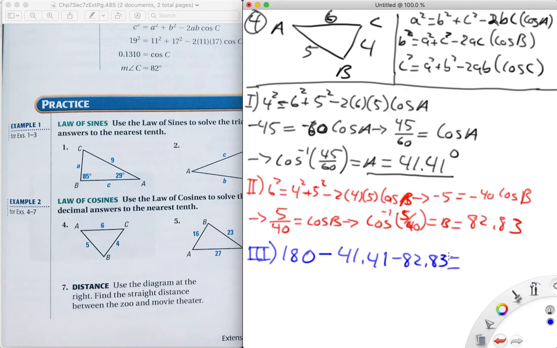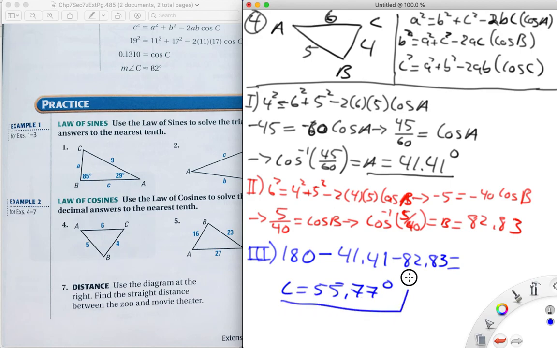You decide which one you like best. I get 55.77 degrees. So those are my three angles.